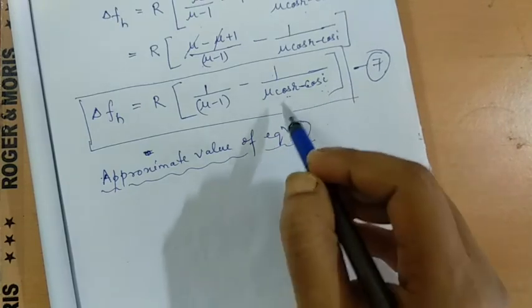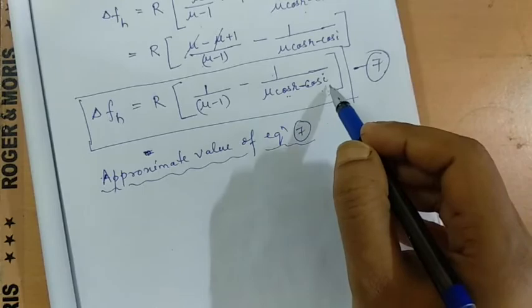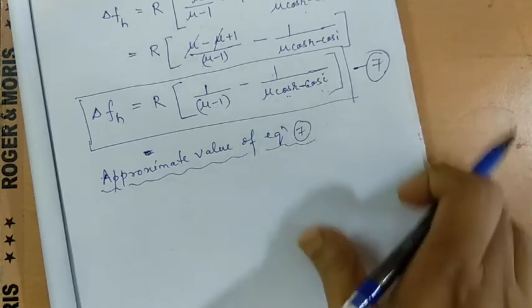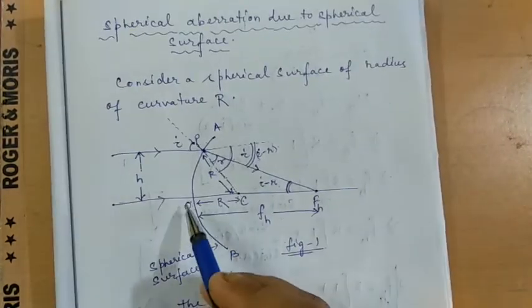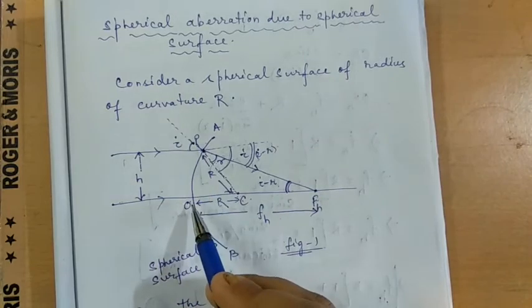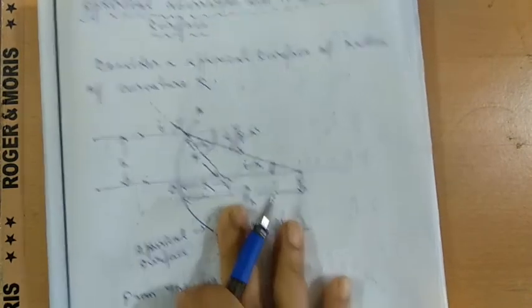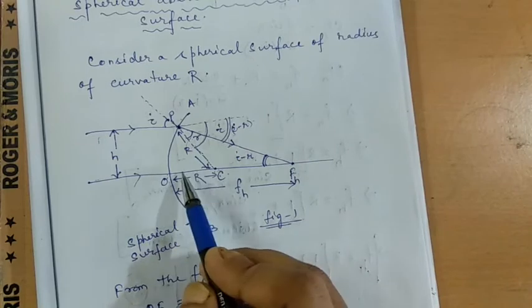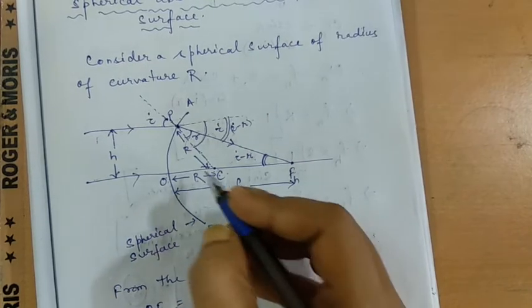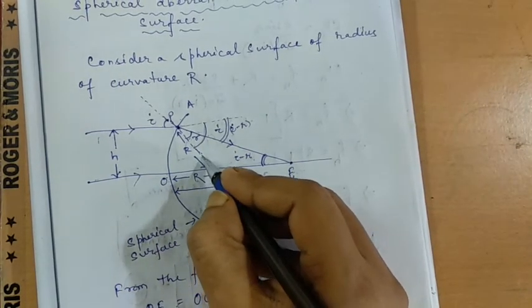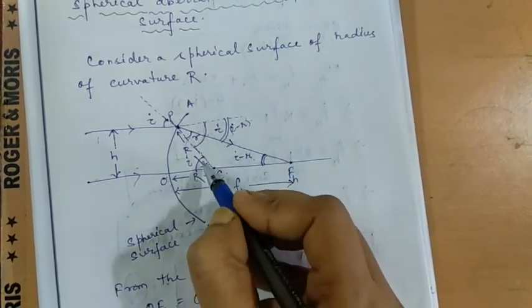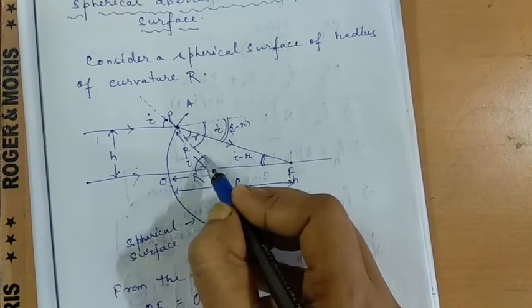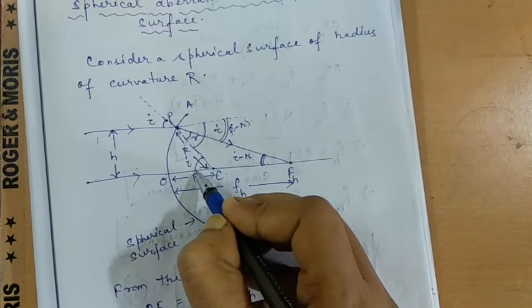For the calculation of cos r and cos i, I am going to consider the triangle OCP. Look at the figure. In this triangle, this angle is i, and this is also i, an alternate angle.